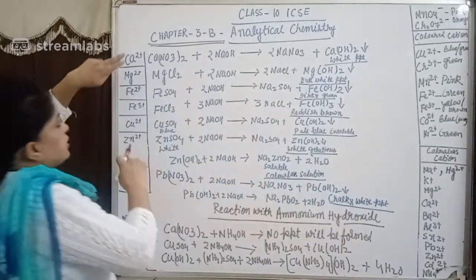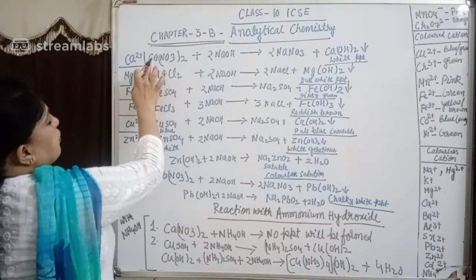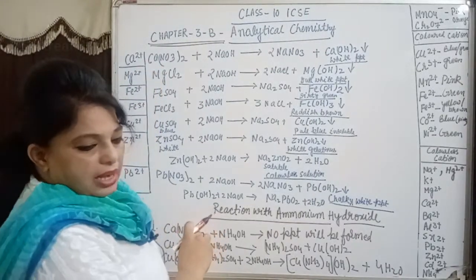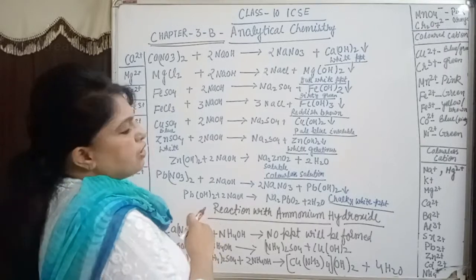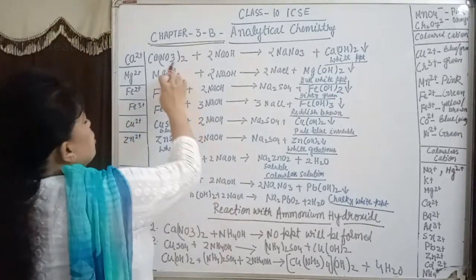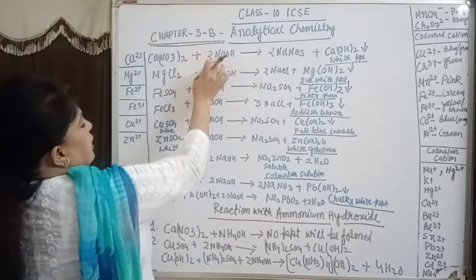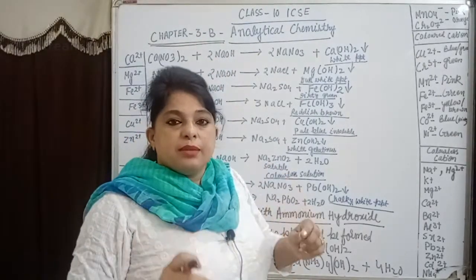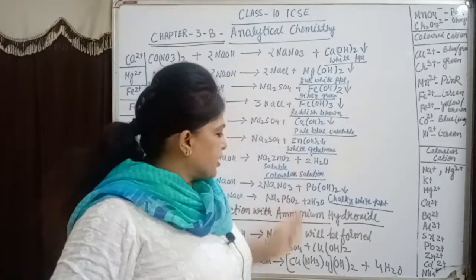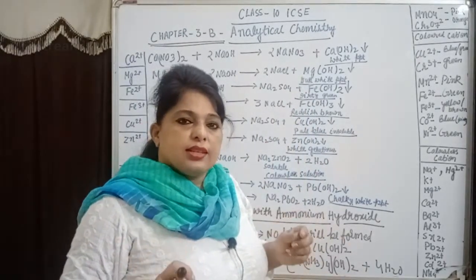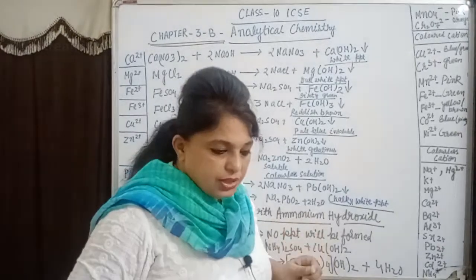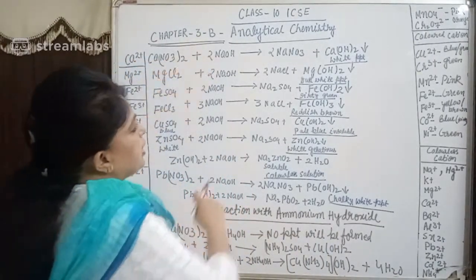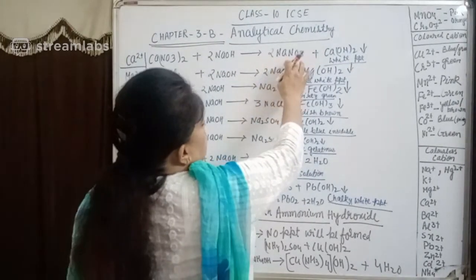So first case, now we are going to study the first salt which we have taken here, calcium nitrate, and calcium ion is always white color, we know that, right? So when you take the calcium and sodium hydroxide, actually this is the example of a precipitation reaction. So calcium nitrate plus sodium hydroxide is going to give me sodium nitrate.